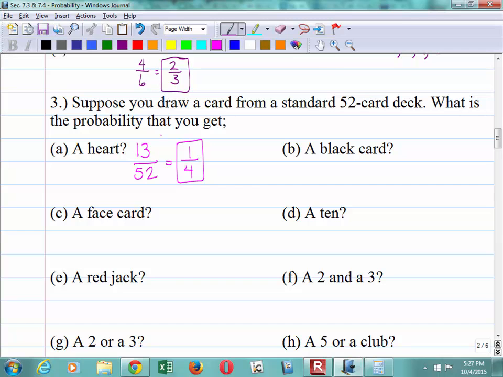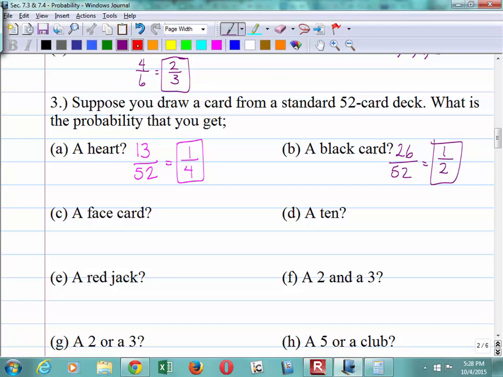Alright, and what's the probability of getting a black card? Well, 2 out of the 4 suits are black, so that's half the deck, so your probability is going to be 1/2. But you could also write it as, I know there's 26 black cards out of 52, which reduces to 1/2. And then face cards.